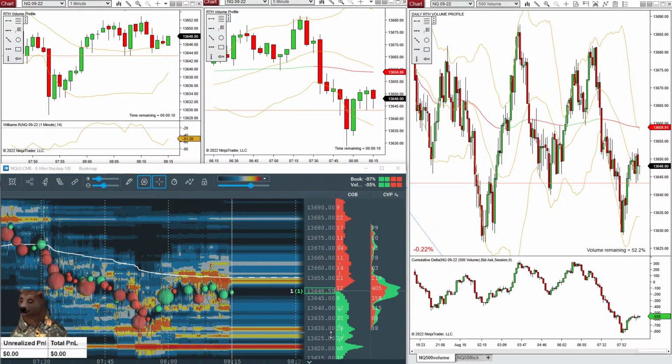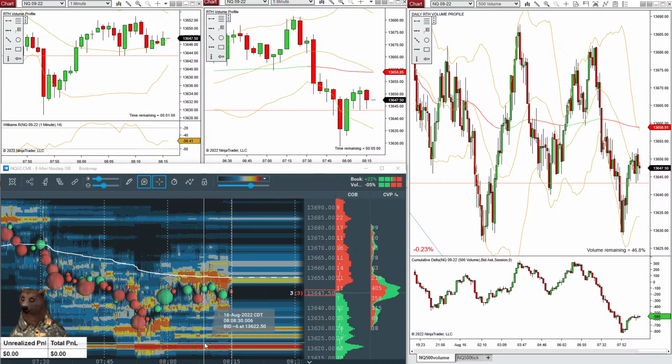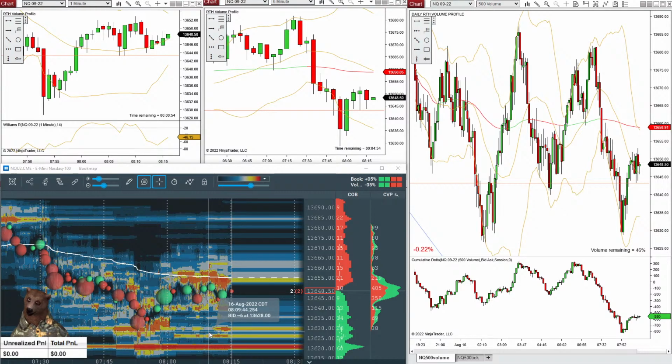Where would price perhaps want to go to? We can see that there's a massive amount of orders down here on the book at the 13,620-ish level, 22 level. One of the ways we might be able to use this is that if price begins trending in a certain direction, price is going to hunt or seek out liquidity.